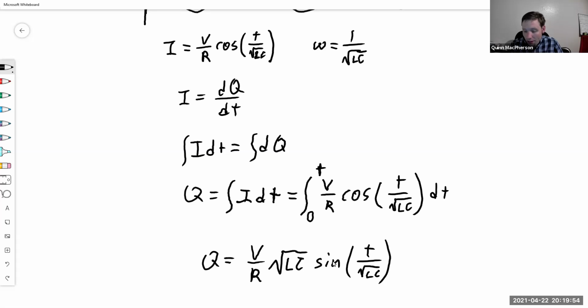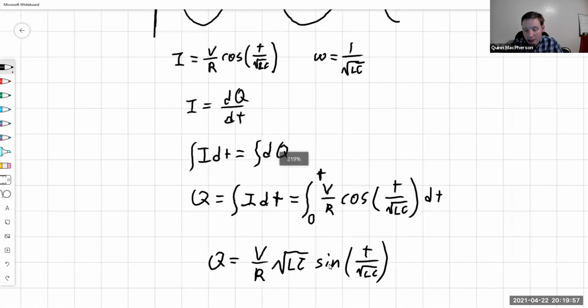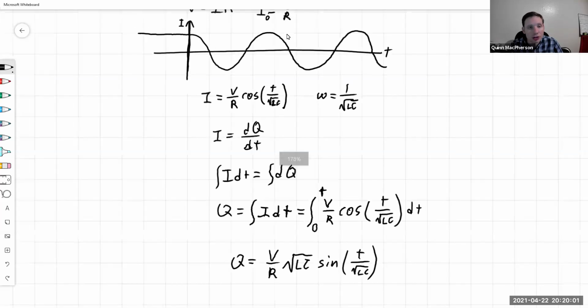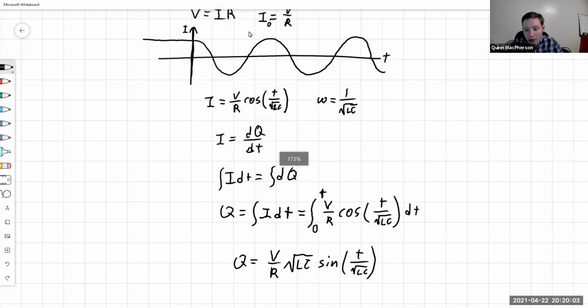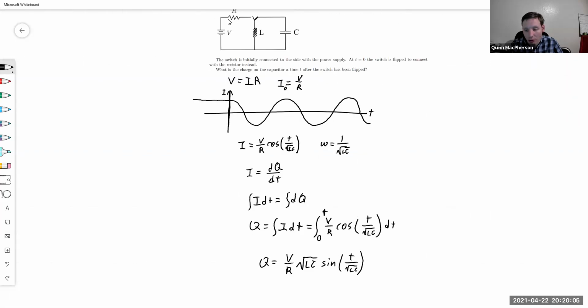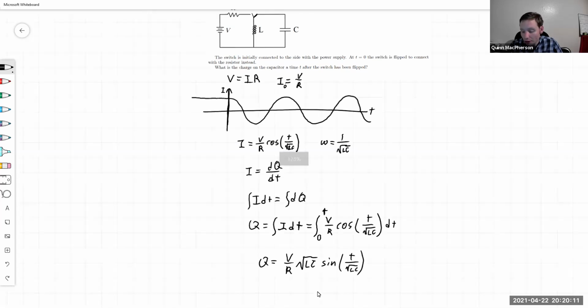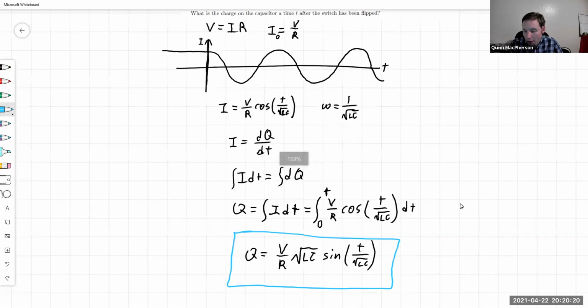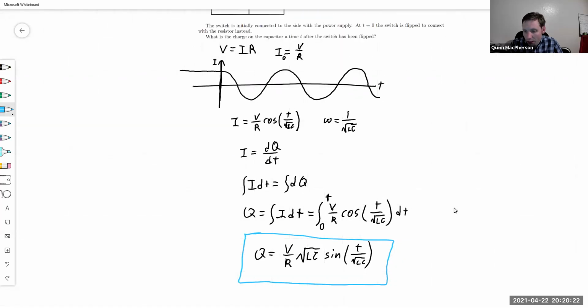I should note that it's a sine, so it starts out at 0. Sine of 0 is 0. That makes sense because the capacitor starts with no charge on it, right? It's discharged. We started with a current over here. When we flipped the switch, it charged it up. So it has to be charged first before it can do anything. Okay, so that's the charge on that capacitor as a function of time.